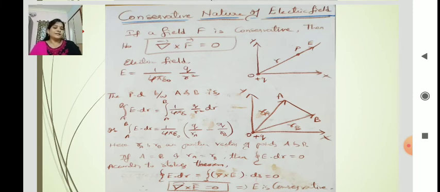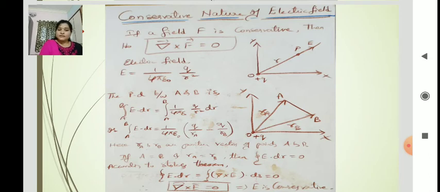Stokes theorem in vector analysis says that the line integral is equal to the surface integral of the curl of the field dot ds. So if the line integral of E dot dr is equal to 0, then the surface integral of curl E dot ds is equal to 0.